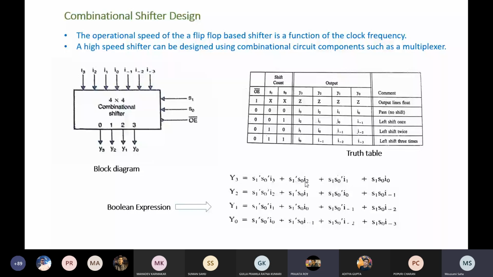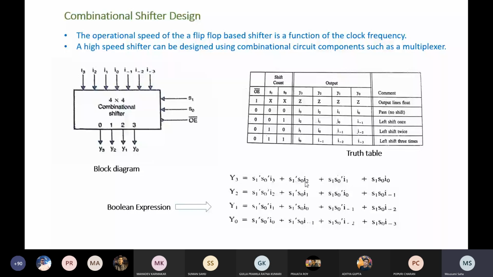Okay, so this is the 4x4 shifter, and what operations can it do? These are the four operations for the values of S1, S0: 00, 01, 10, 11. For 00, whatever the inputs, that will be the outputs. That means Y3, Y2, Y1, Y0 equals I3, I2, I1, I0.